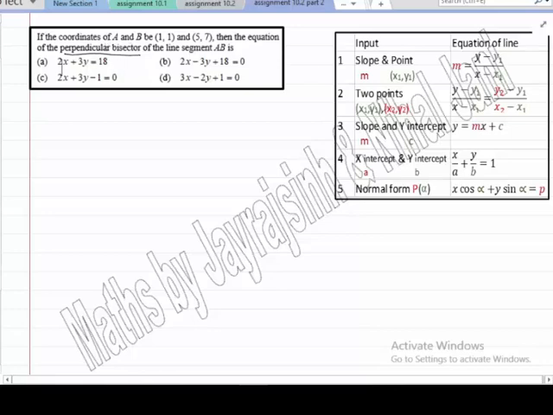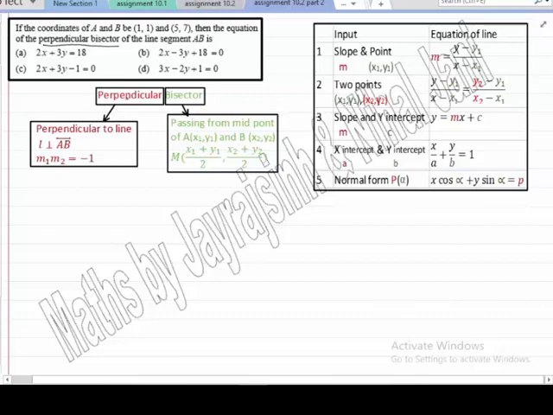It is made up of two terms, perpendicular and bisector. Perpendicular means our line is perpendicular to AB, so it will help us find the slope. And bisector means it will pass through the midpoint of A and B, so we should find the midpoint of A and B, right? Okay, so let's do this one by one.